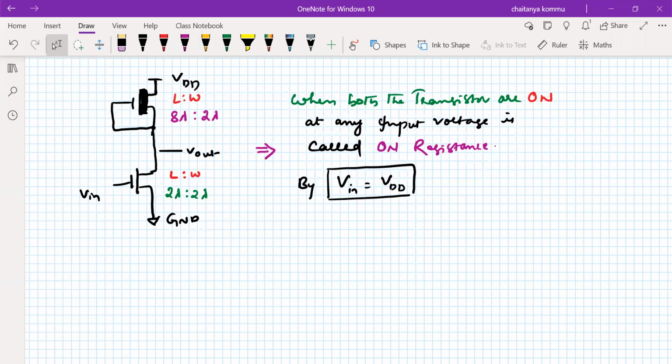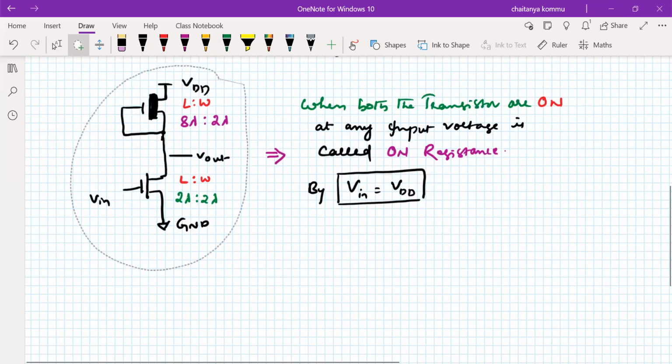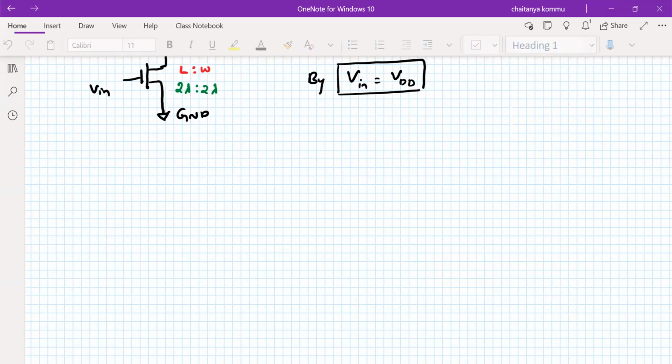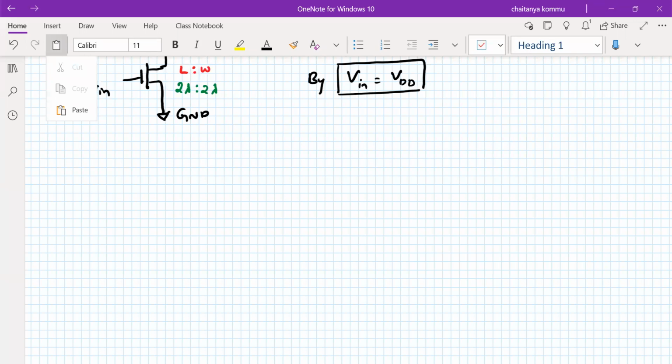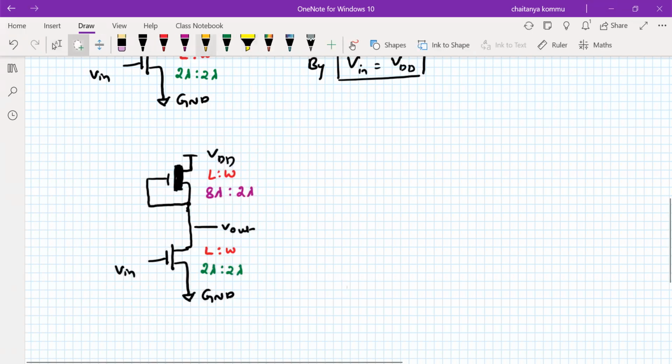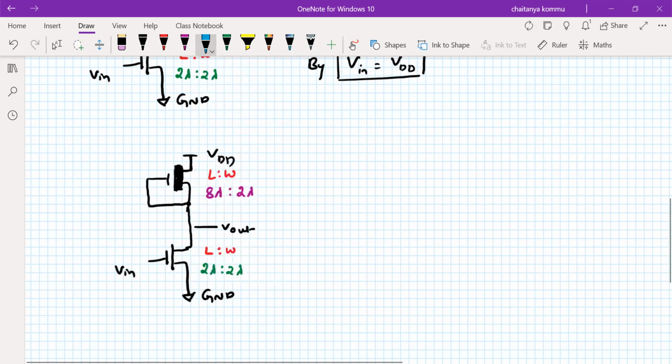Let us consider the resistance of this one is Rn, and the resistance of this one, it's better to write it as R depletion, R enhancement.